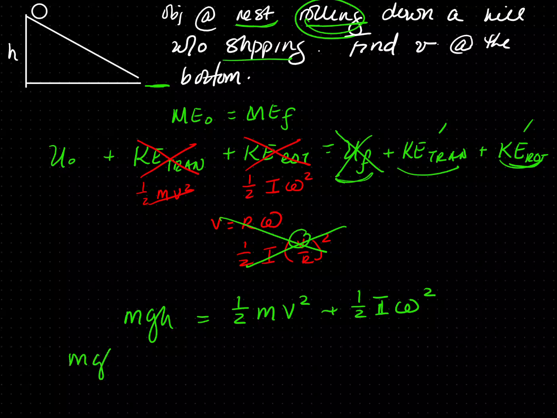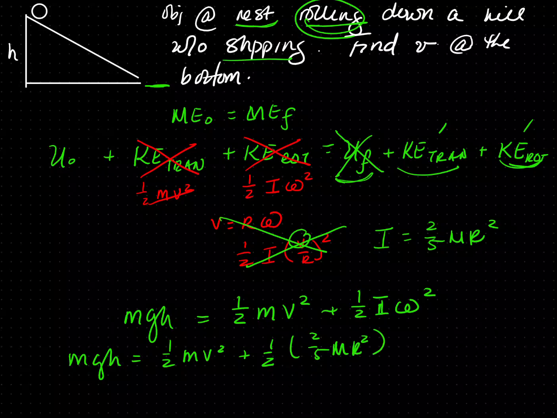So this is mgh equals 1/2 m velocity squared plus 1/2 I, and I for a sphere is 2/5 mr squared. And we said tangential velocity is v equals r omega, and this is only true because it's not slipping.